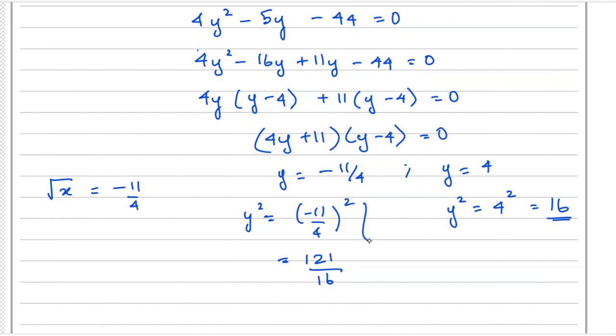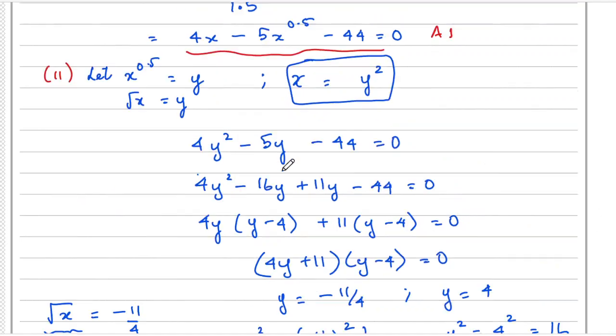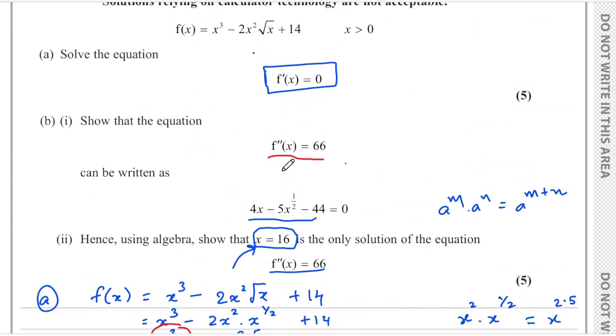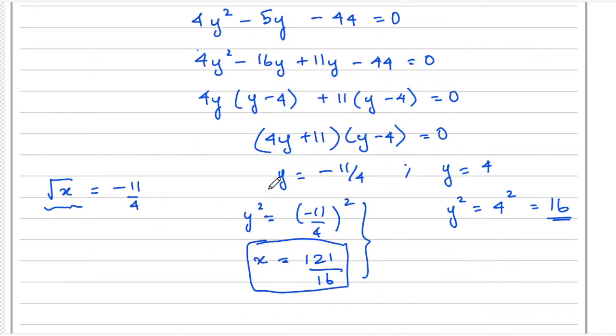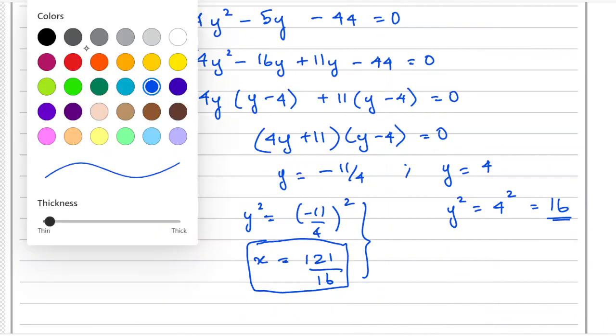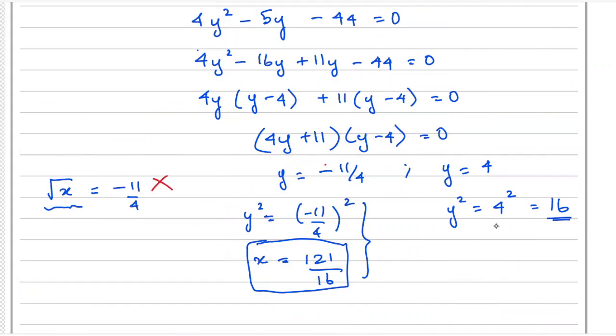Most of the students think that this is equal to 121 by 16 also. But the square root value of any number cannot be negative over here, because it is given in the question that the x value is always positive. So in that case you can't take this particular solution. The only solution would be x equal to 16.